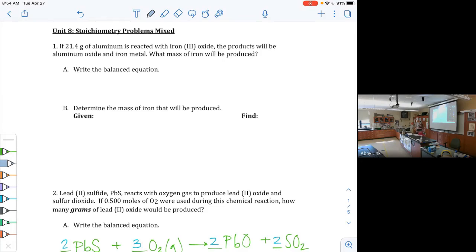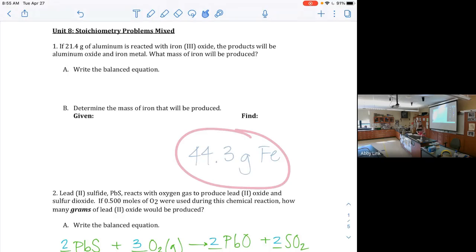All right, so for number 1, my friends, we've got 44.3 grams of iron. That's my final answer there. All right, I'll give you guys a second to jot it down. Let's see, I think this is our next one.